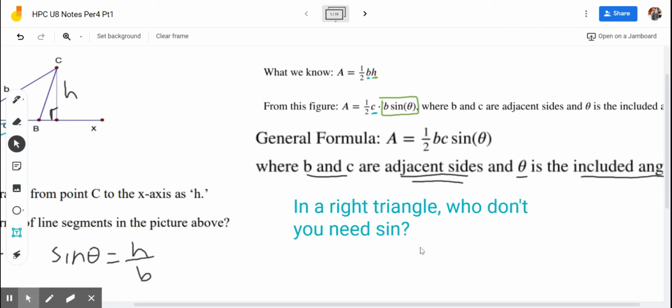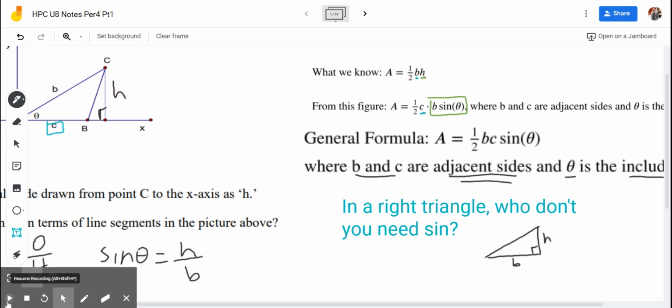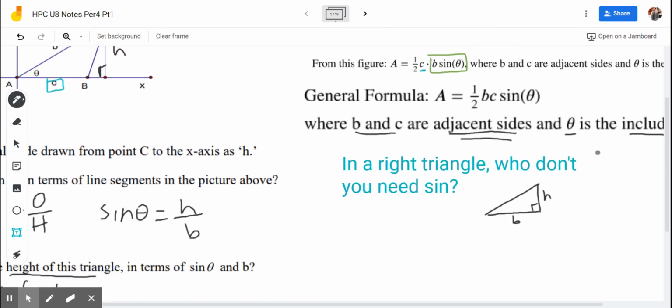In a right triangle, why is it that this goes away? Well, if we think about the angle, normally we would take the base times the height like that. So here's a sketch of a right triangle. This is how we would normally find the area, and then this would be the hypotenuse, so we wouldn't have to do anything with it.